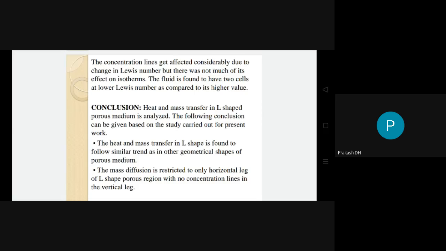Conclusion: here I concluded that the heat and mass transfer in L shape is found to follow similar trends as in other geometrical shapes of porous medium, and another is that the mass diffusion is restricted to only the horizontal leg of the L shape porous region with no concentration lines in the vertical leg.